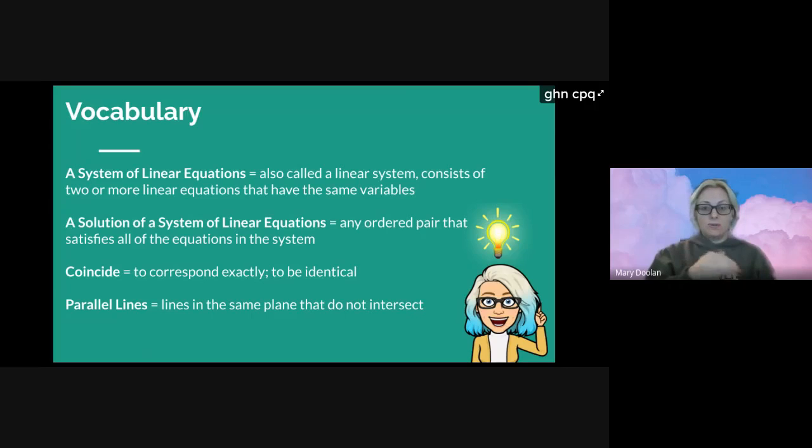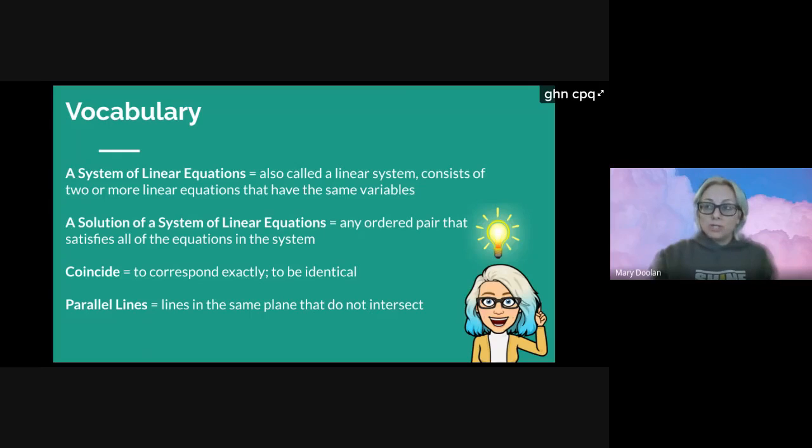All right, so you're going to have 2 equations that have to both be true at the same time for the solution. And they have to have the same variables. Most common variables you're going to see are x and y. So the ones we are looking at are 2 equations. They go together. It's a system, and they both have x and they both have y.